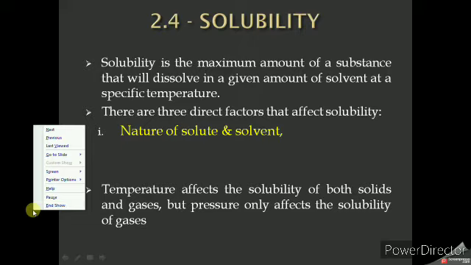One more example, sugar dissolves in water. The dissolution of sugar in water is due to intermolecular hydrogen bonding between sugar molecule and water molecule. Then can you tell me why naphthalene dissolves in benzene but not in water? Write down your answer in the comment box and send it to me.